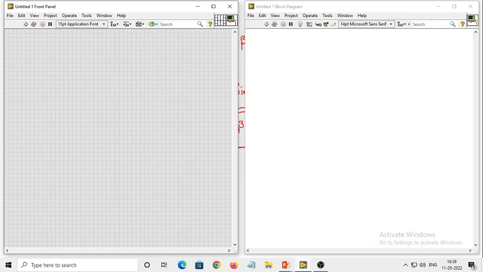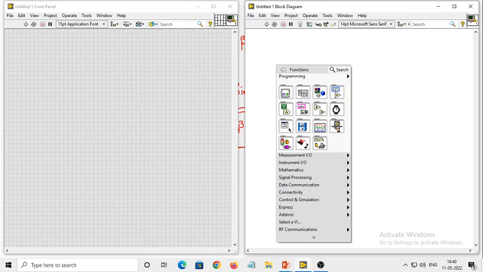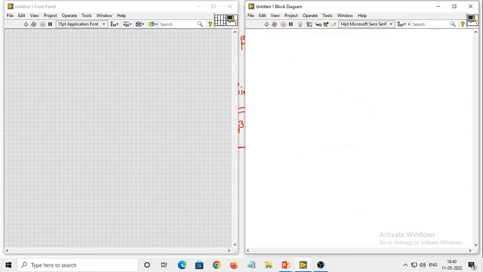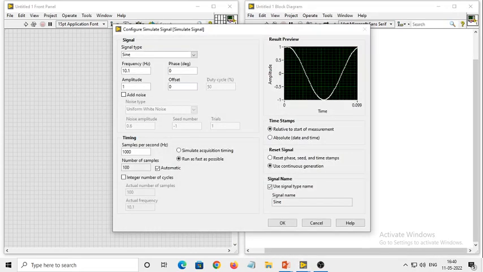So you already know how to get sine, cosine or square signal. So you just need to right click on the block diagram, go to express, input and simulate signal. Okay, now our first goal is to build beta sine 2 pi fmt. So let us assume our fm value is 10 Hz and Am I'm also taking 1.